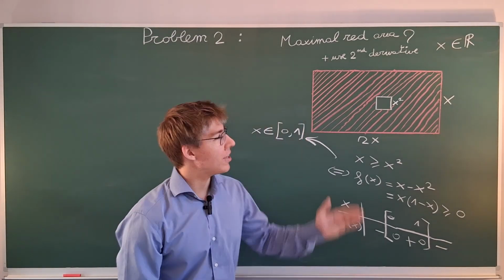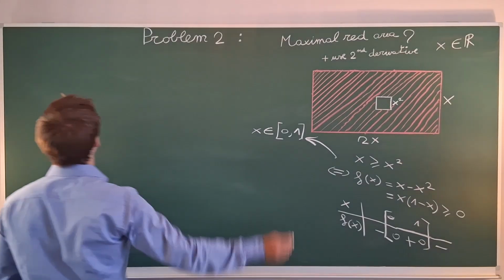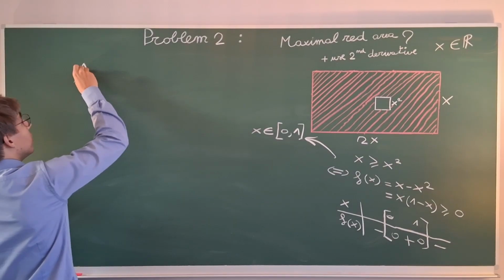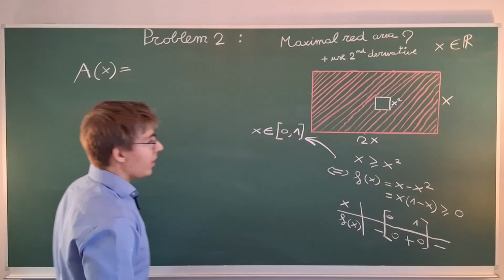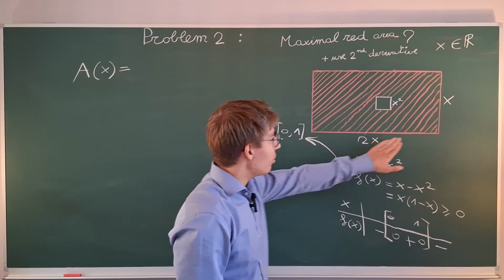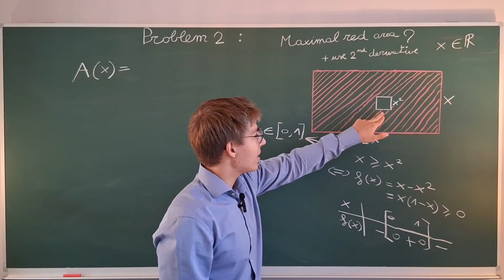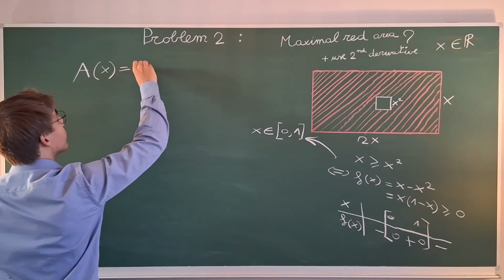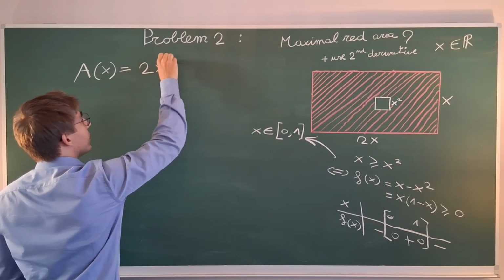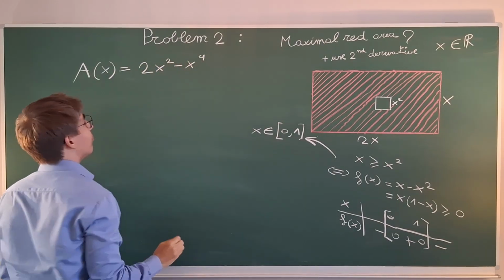Let's now express the area that we want to maximize as a function of x. We can see that A of x should be equal to 2x times x, which is this whole rectangle, minus x to the fourth. So we get 2x squared minus x to the fourth.